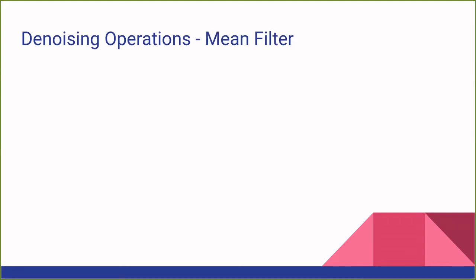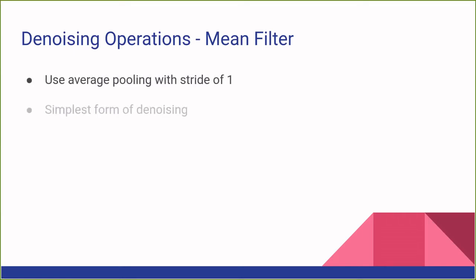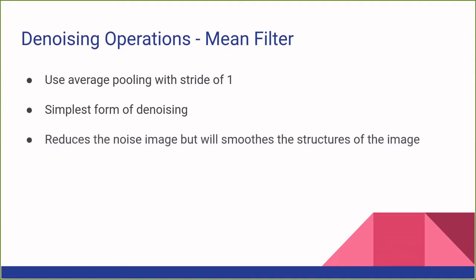The third denoising operator that we're looking at is the mean filter. It's a filter with an average pooling with a stride of 1, and it's the simplest form of denoising. It reduces the noise of the image, but it also smooths the structure of the image.